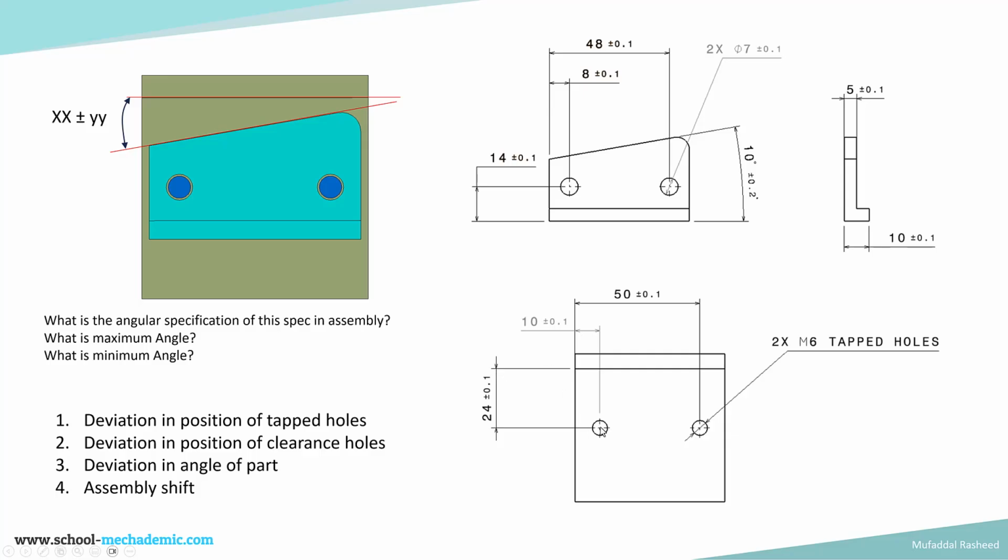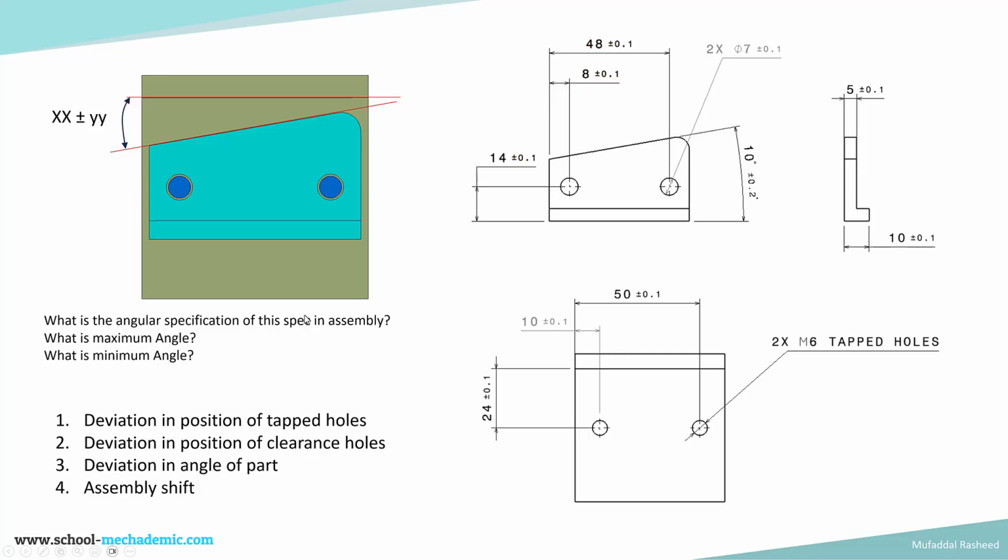Because of the deviation in position of the tapped holes, the inclination of this top edge will increase or decrease. Similarly, because of the deviation in position of the clearance holes, the final inclination of this edge in the assembly will increase or decrease, and also the deviation in the angle of the part, which is nothing but this specification, which is because of the part manufacturing.